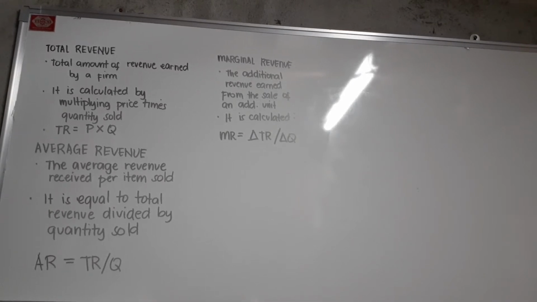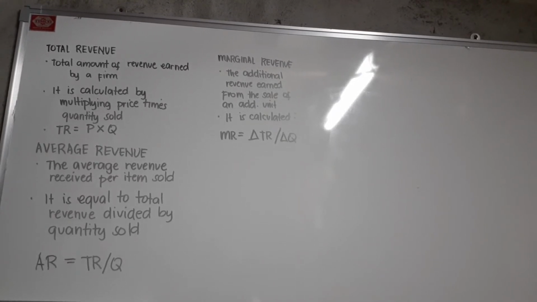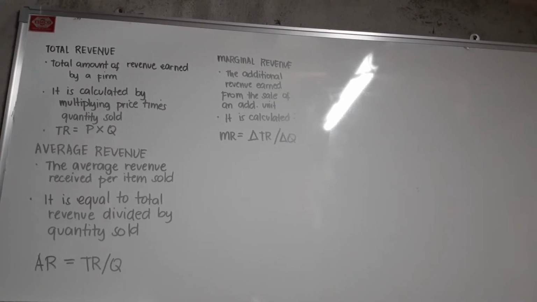It is equal to total revenue divided by quantity sold. So, ang formula na is AR, which is the average revenue, equals TR, total revenue divided by Q, yung quantity. So, sa madaling salita, yung average revenue, siya yung price ng product.